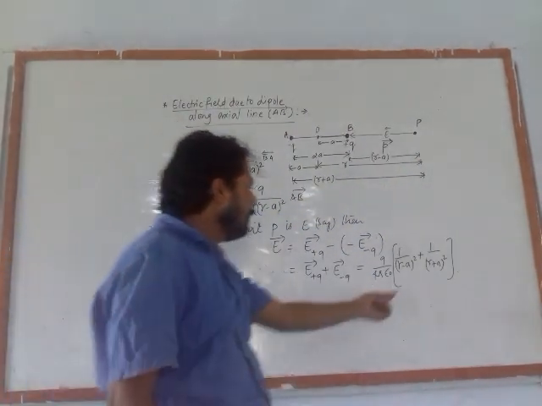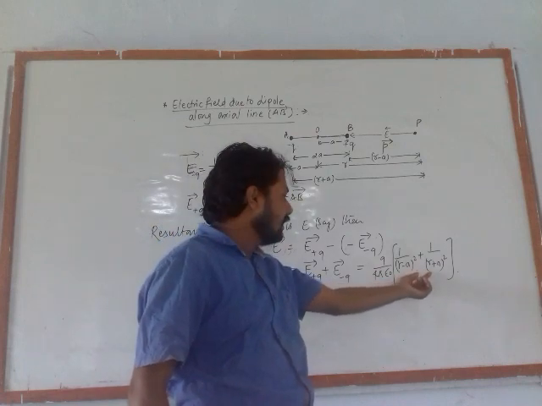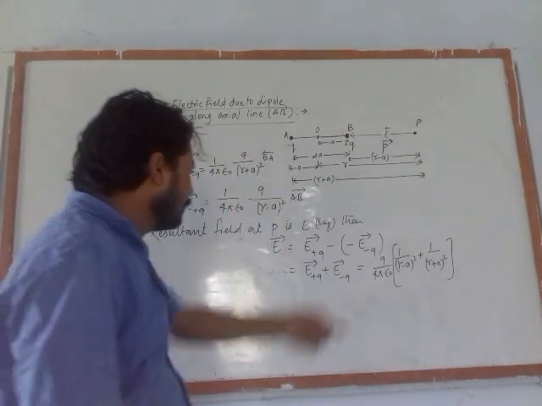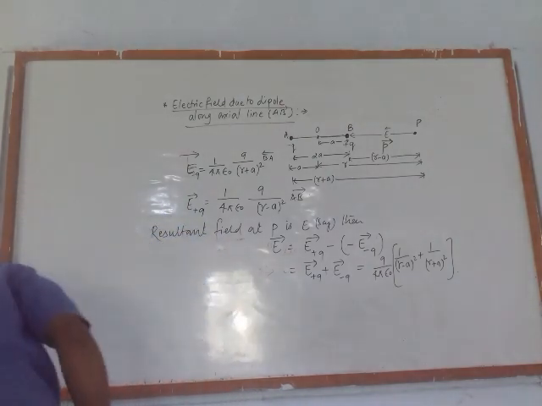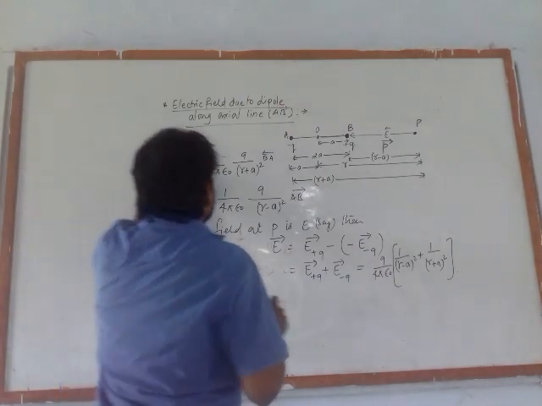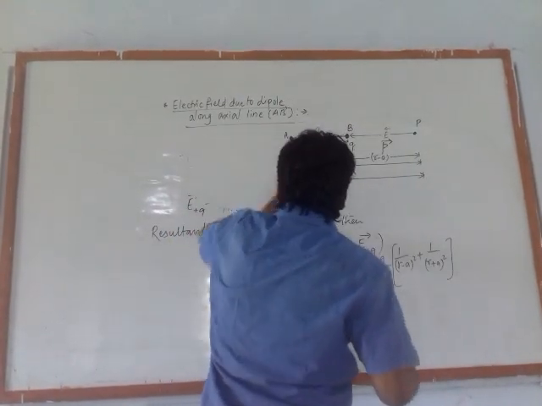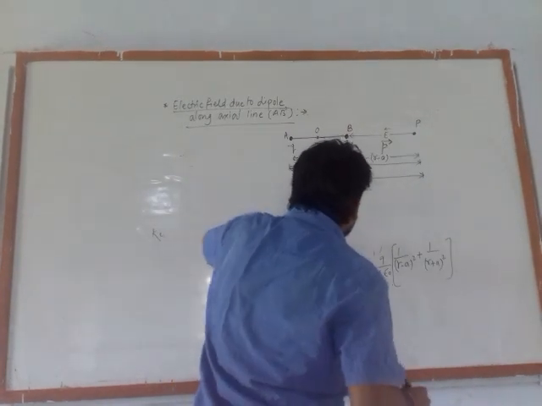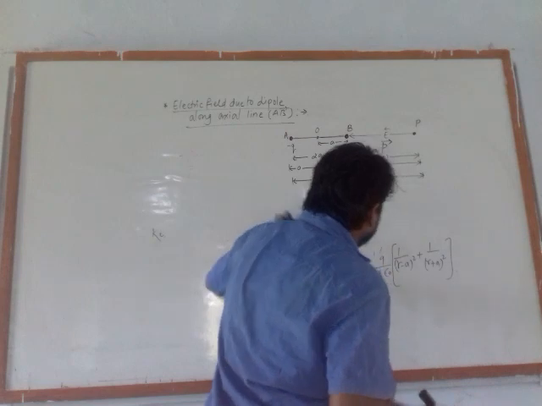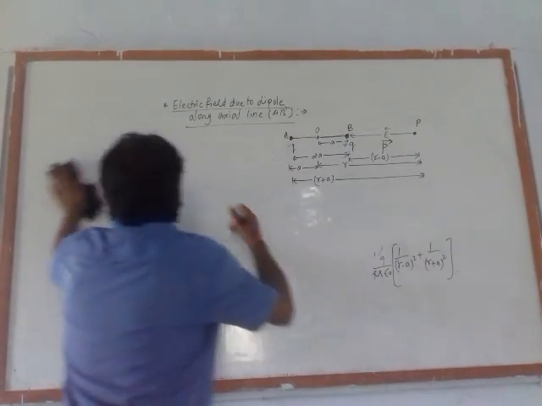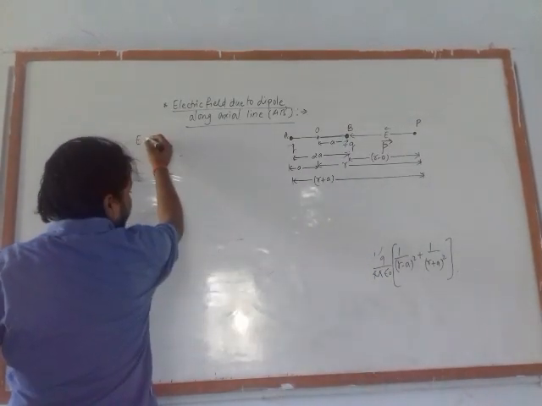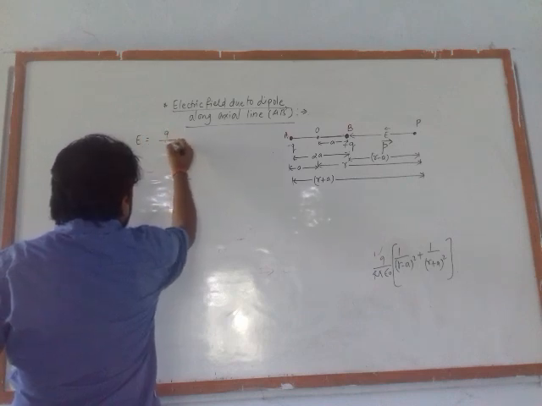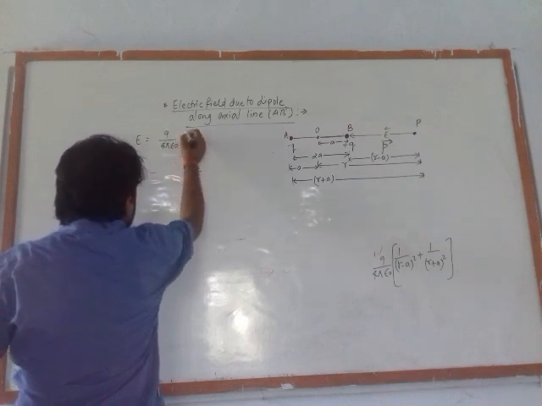Right? Now only the mathematics is left to solve, which is very easy to calculate. I am dropping all this, and here I am writing E will be Q by 4 pi epsilon naught.